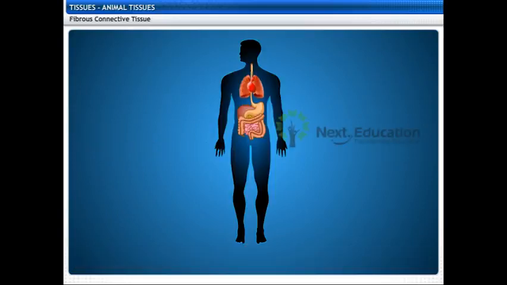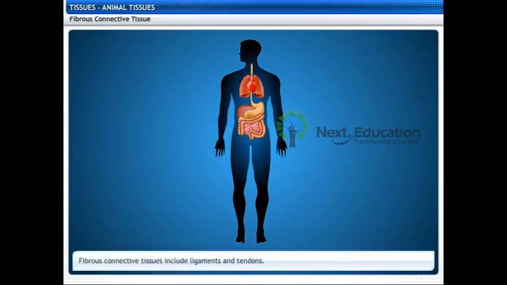Take a close look at these tissues that pack and bind various organs. These are fibrous connective tissue. They include ligaments that connect two bones.